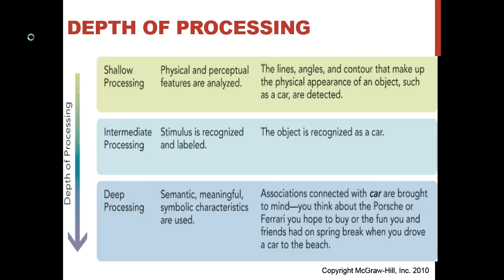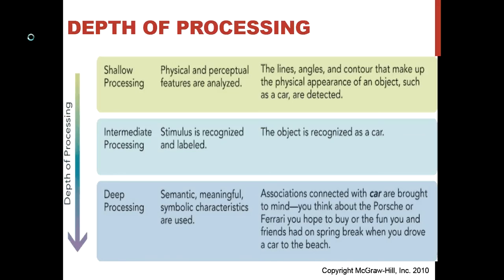Now, what if I wanted to learn a little bit more? Then I would do more intermediate processing, where perhaps I will actually figure out, why is the sky blue? Oh, because of the way the light hits the things, the way the light is entering into my eyes, the wavelengths. Okay, intermediate processing. Now, perhaps I want to learn even more. So I want to learn what those wavelengths are.